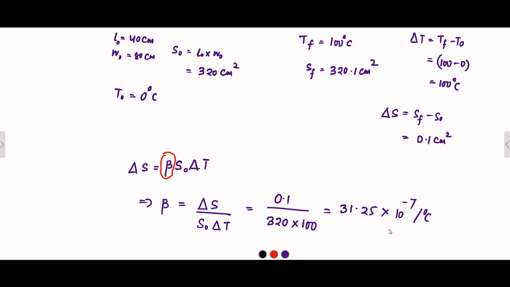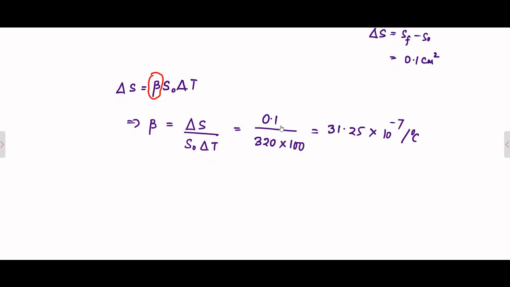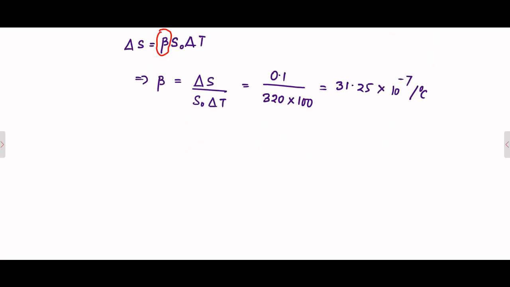So here we have calculated the surface expansion coefficient, but it is asked to determine the linear expansion coefficient. So here we have to use the relationship between various expansion coefficients. We know beta is equal to 2 alpha, that is, the surface expansion coefficient is 2 times the linear expansion coefficient.